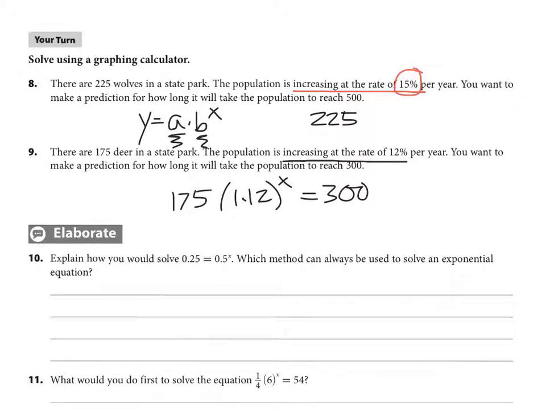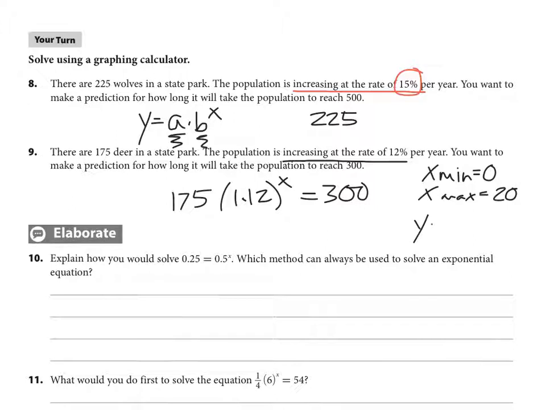So I have 175 times 1.12 raised to the x, and then y2 is 300. Go to my window, leave my x's basically the same, okay? So I'm going to write it down this time. X min, 0. X max, 20. Your scale, you could do 1 or 2, it doesn't matter.